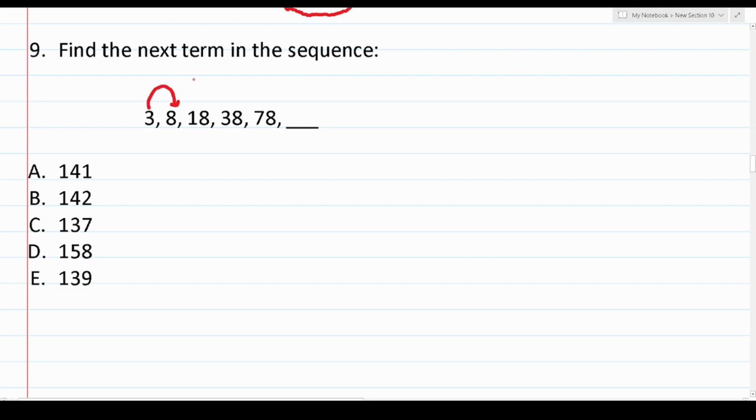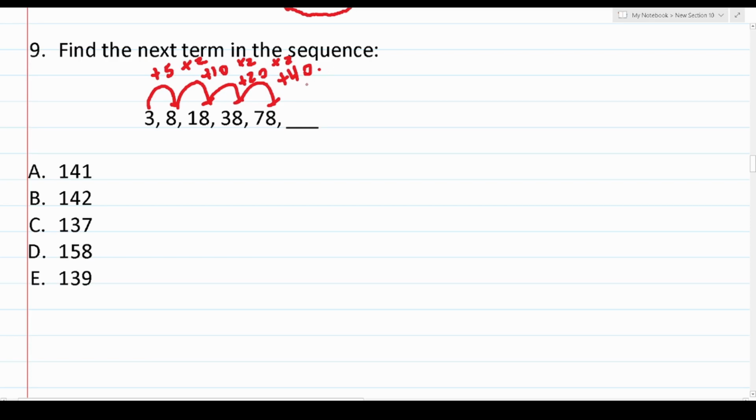Let's go from 3 to 8. We add 5. Let's go from 8 to 18. You add 10. To go from 18 to 38, you add 20. To go from 38 to 78, you add 40. So as we can see, we're multiplying by 2 to get to the next term. 5 times 2 is 10. 10 times 2 is 20. 20 times 2 is 40.